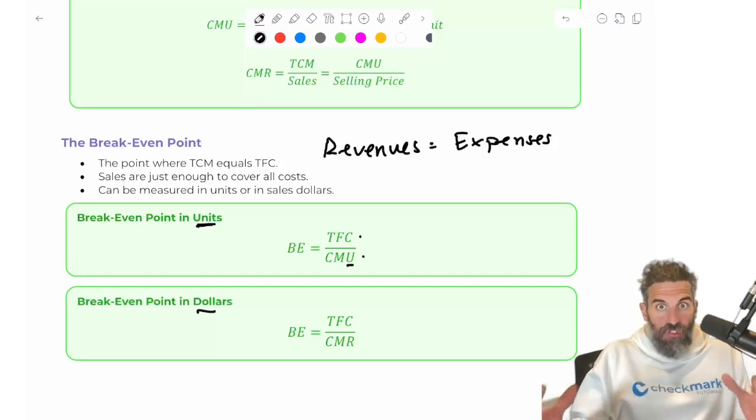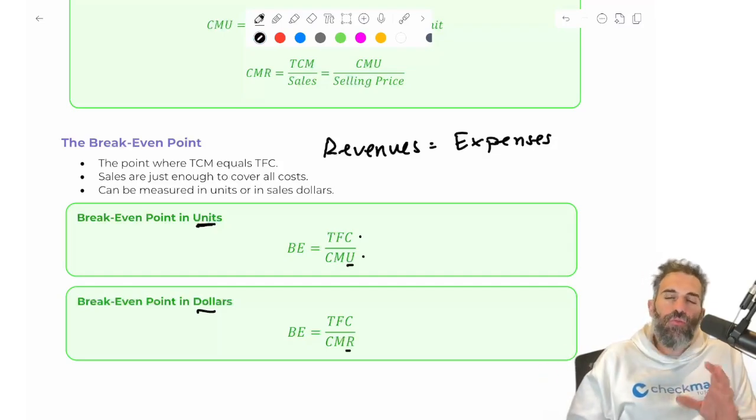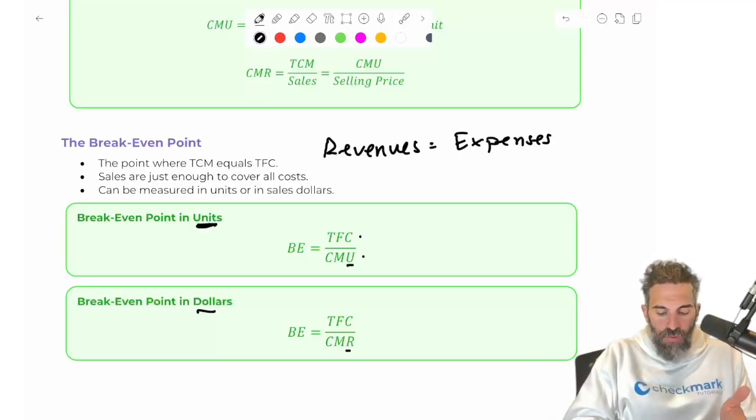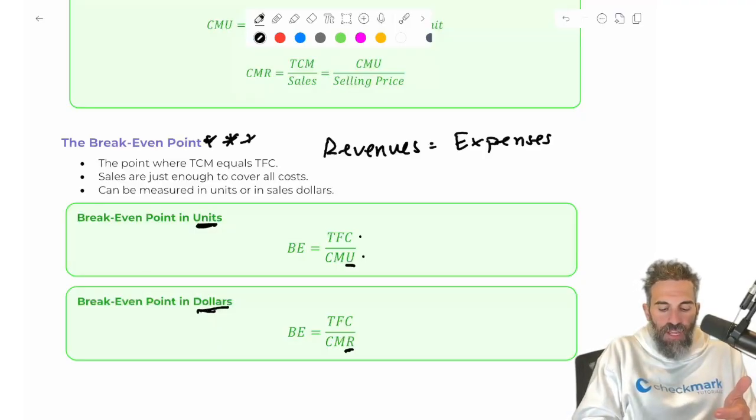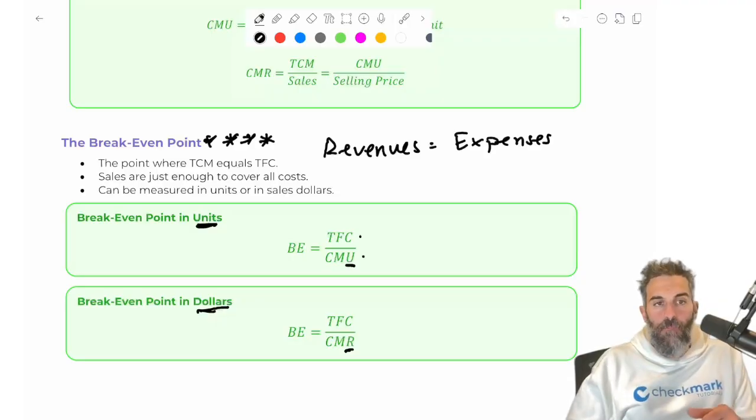Like, what do my actual sales need to be? It's the same formula, you just divide by the ratio. And that's a rule you want to remember, not just for this, but also for the next one. Whenever you want your answer in units, you use CM per unit. If you want your answer in dollars, you use a CM ratio. Very common question. I bet it's on every single exam, 3, 4, 5 marks, okay?